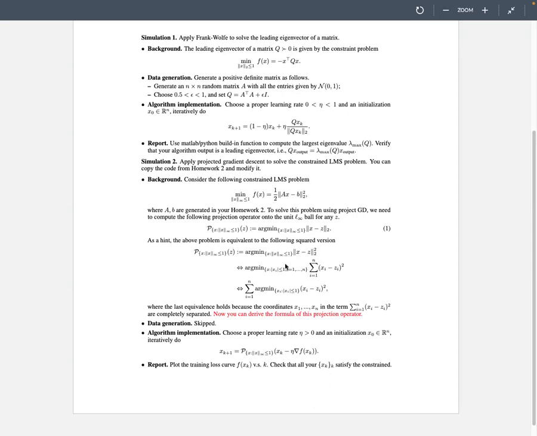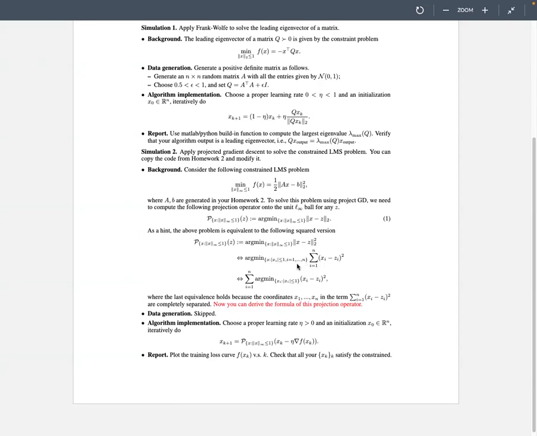The L infinity constraint, if we write it out, is basically restricting the magnitude of all the coordinates to be less than 1. And this can be done one by one because all the constraints are separated with regard to all the coordinates. So you can simply optimize each of them one by one.